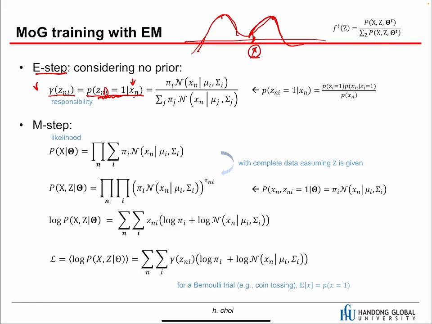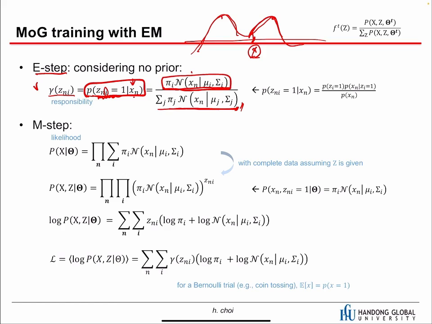This responsibility can be obtained by this one. Look at this one. It is actually a part of this summation, and we sum up all these probabilities, and that is the denominator, and this one is the numerator. So this one is the ith component's weight times likelihood. Given one component i, weight times likelihood is the numerator, and in the denominator we sum all of them.